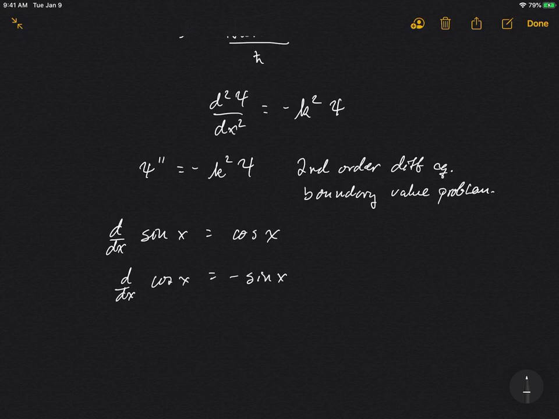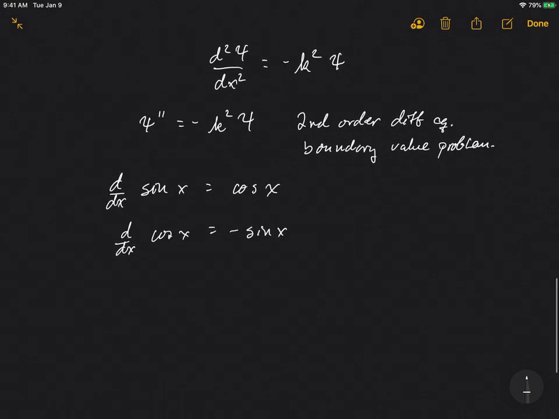If we take the derivative twice, we get back the function we started with and a minus sign. And if we also include the constant k inside our trigonometric function, then we're going to get this constant k squared, in that d/dx sine kx is k cosine kx, and so on. So you'll get your k squared.